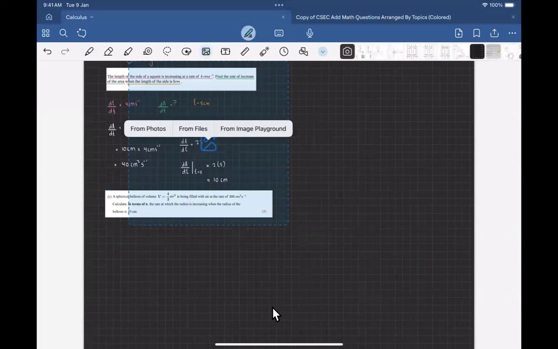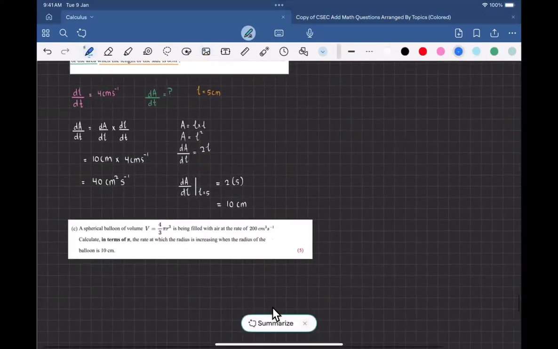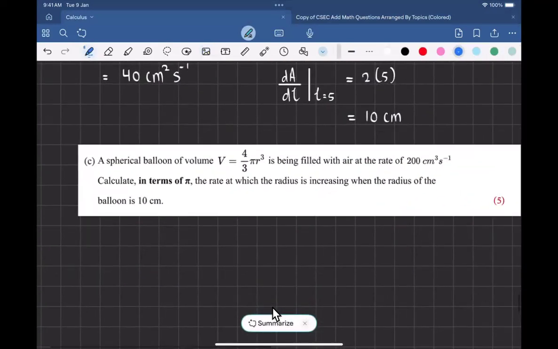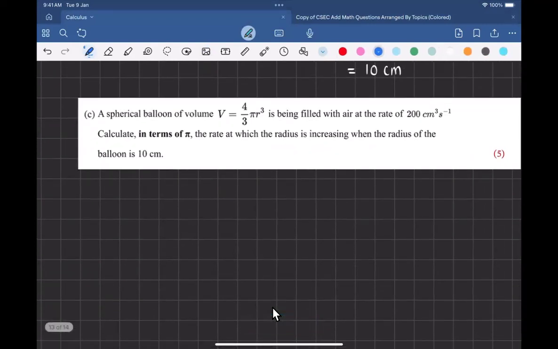Yeah. So Aliyah, let me follow the same procedure as last time. What is the fact in this question? The volume and the rate, and they give us the radius. Okay. So tell me the first piece of information that we know is a fact.